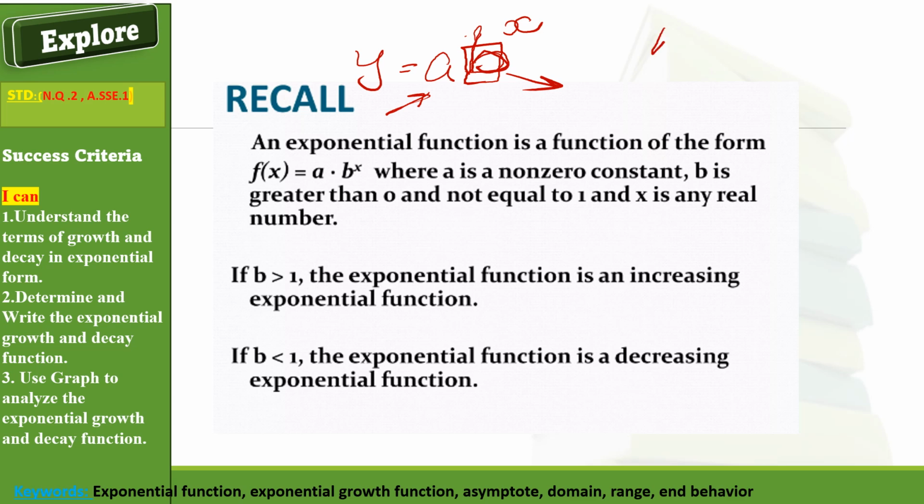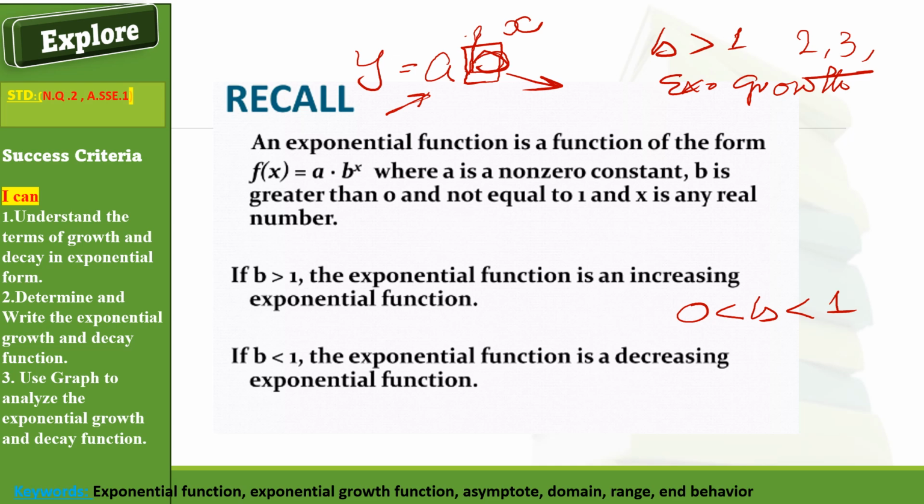If the base is greater than 1, which means it could be 2, 3, 1.5, 4, 5, 6, whatever the base, but it is greater than 1, then we can say that it is exponential growth. So something is increasing. But if b is between 0 and 1, it should not be only less than 1, but between 0 and 1.